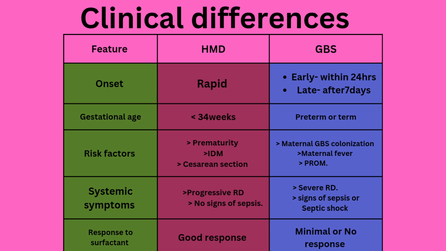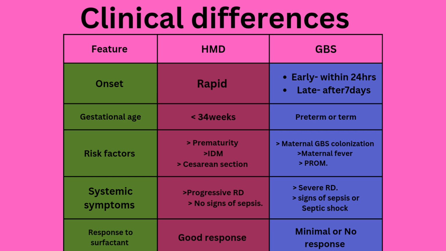The second thing that is important to look at is the gestational age. If you remember, HMD is a preterm disease. So the more preterm you are, the more at risk you are of having HMD. If you remember, surfactant is usually produced enough around 34 weeks of gestational age.